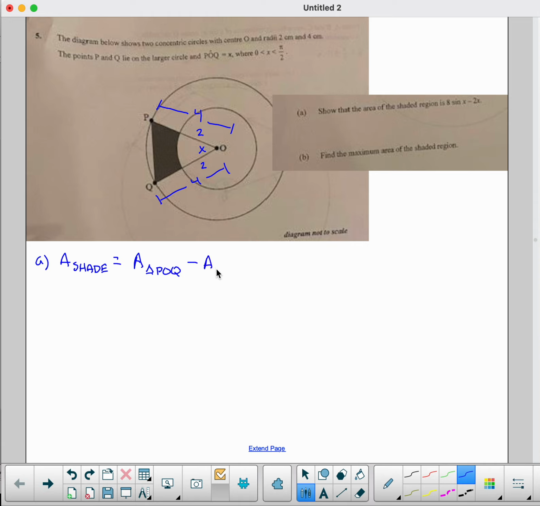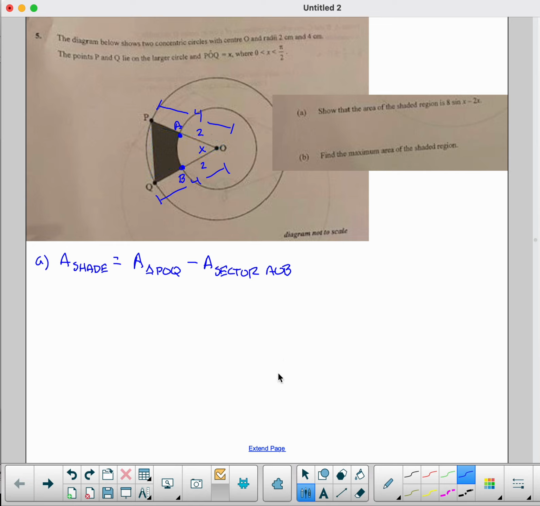I forgot to label it. I'll call this A right here, and I'll call this B, sector AOB. So the big triangle, and if I cut out this, I'm left with the shaded area.